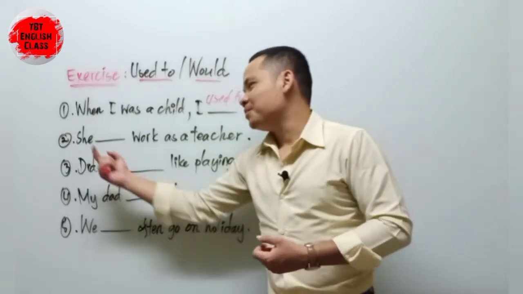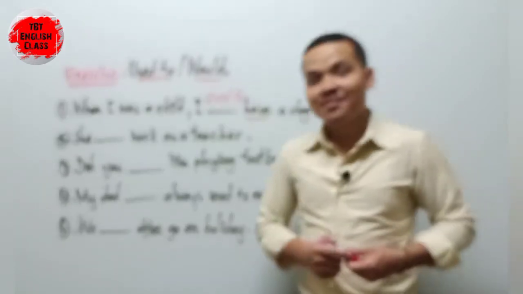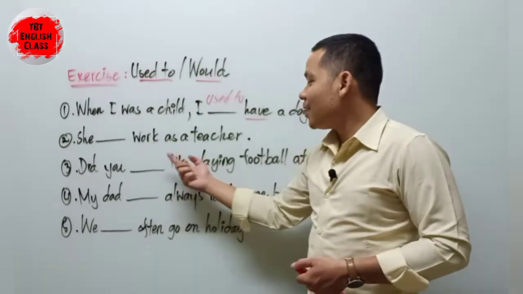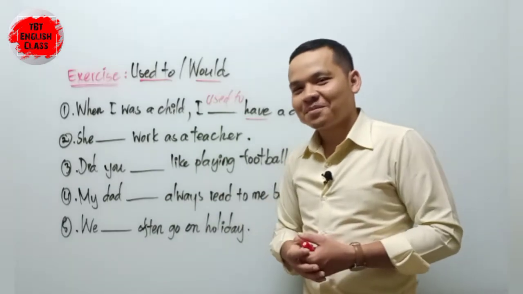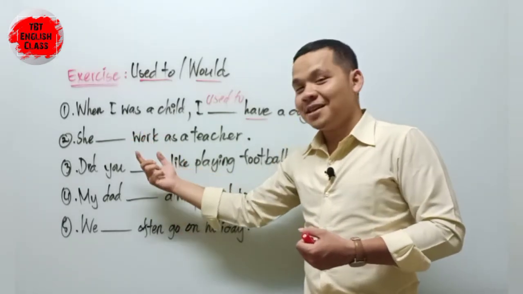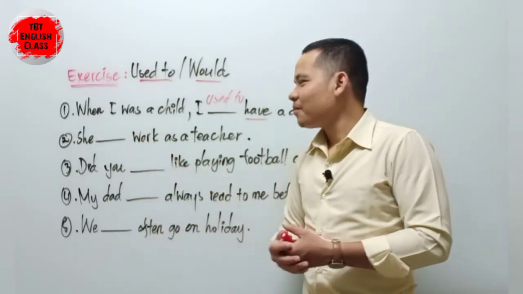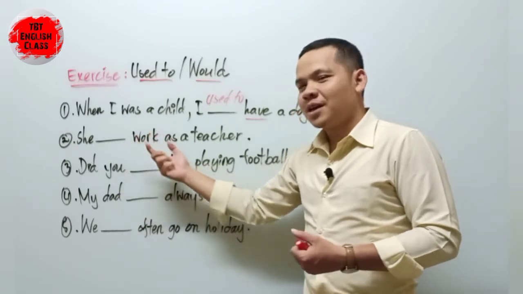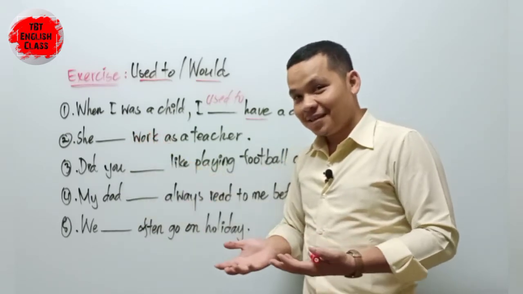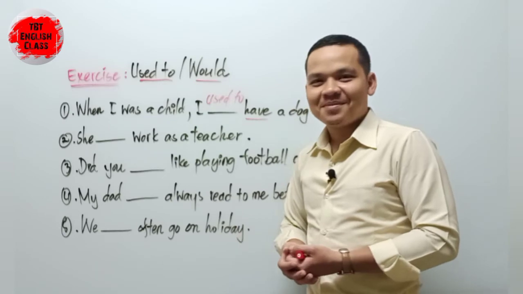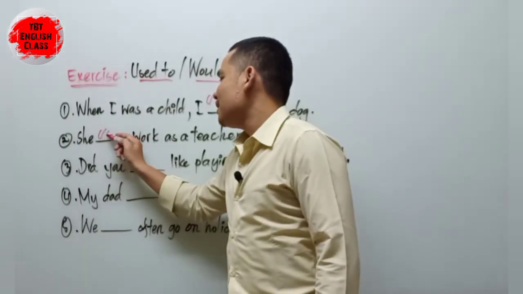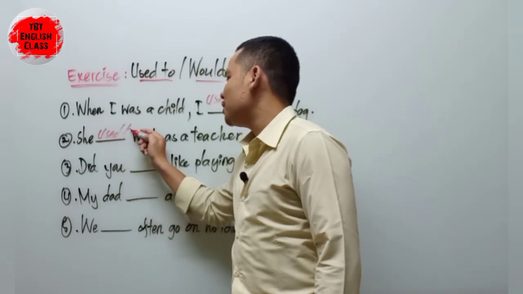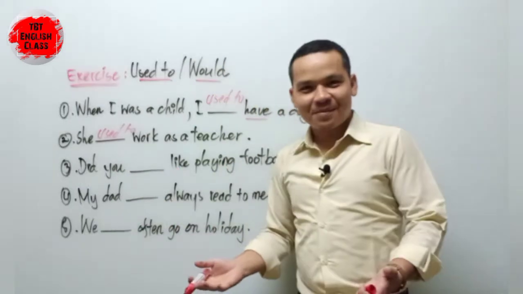Another one, number 2. She worked as a teacher. So, what is it? She would work as a teacher, right? She used to work as a teacher, correct? Which one? Okay. So the answer must still be used to work. Why?